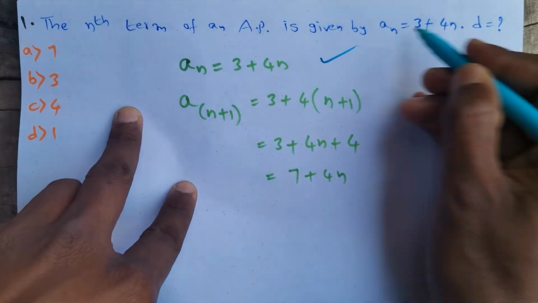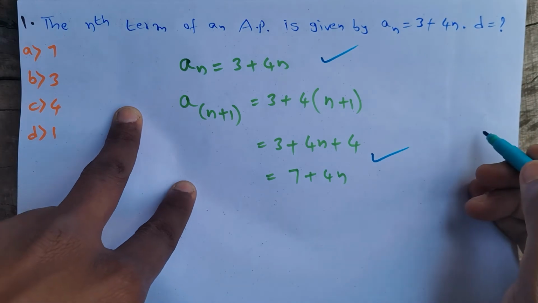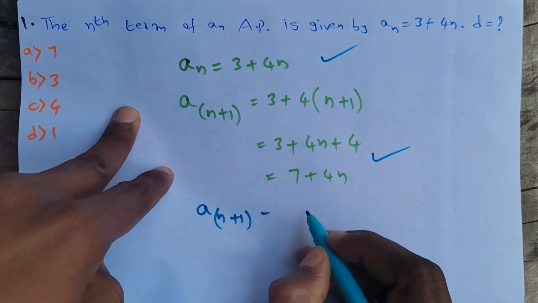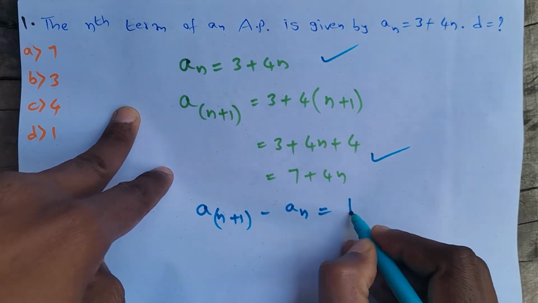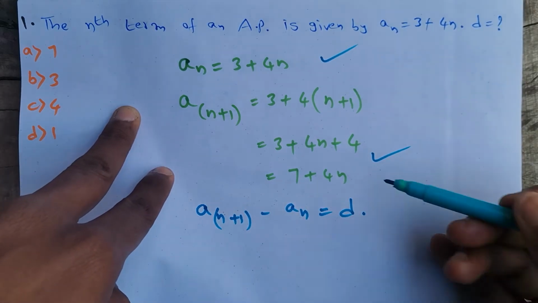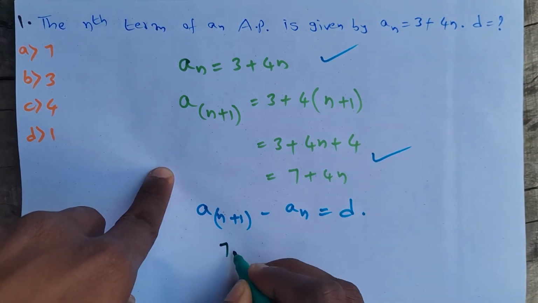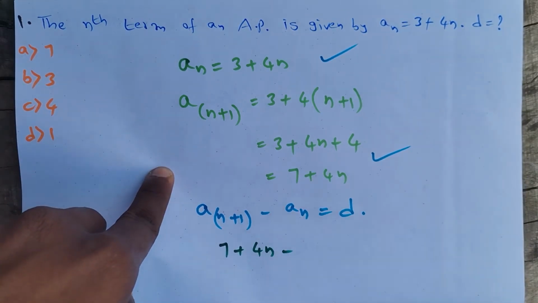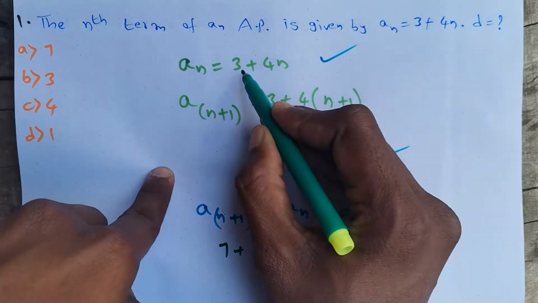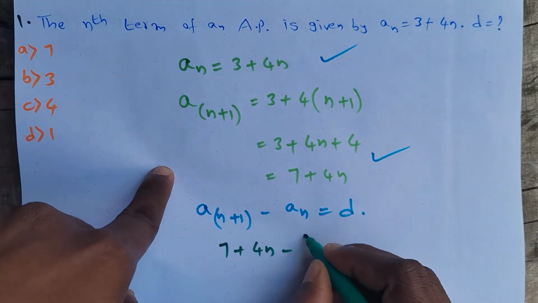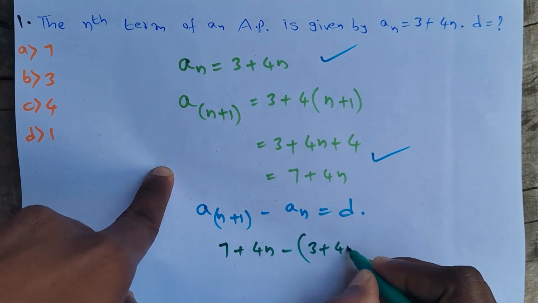Now this is the nth term and this is the (n+1)th term. So (n+1)th term minus nth term, we will get the common difference. Okay, let us do the subtraction of these two. (n+1)th term 7 + 4n minus nth term (3 + 4n). Here 3 + 4n has two terms, so that's why keep the bracket.